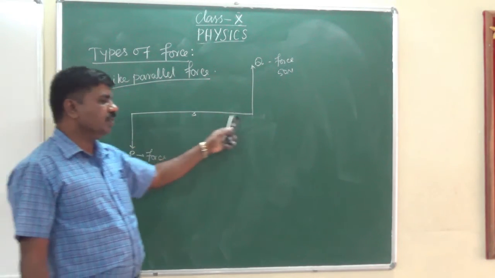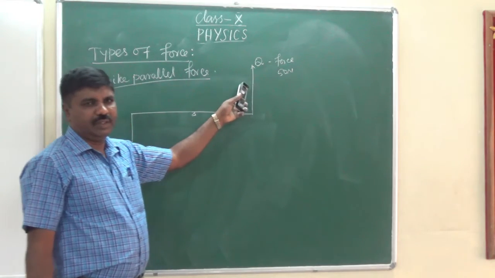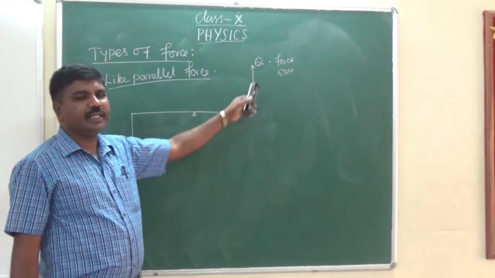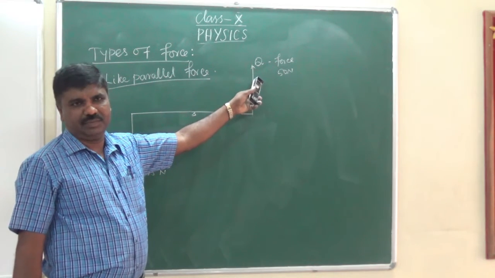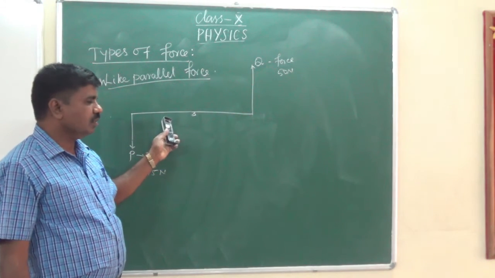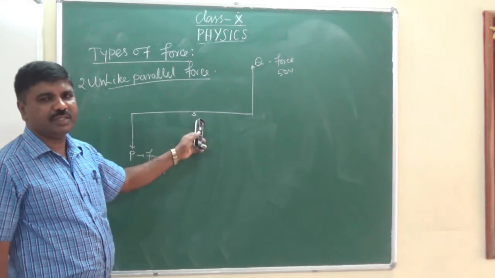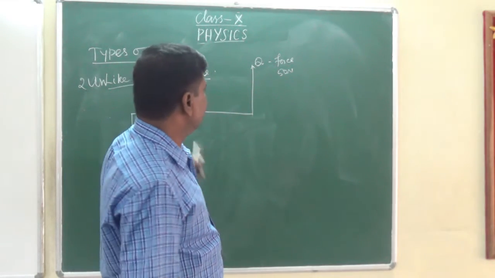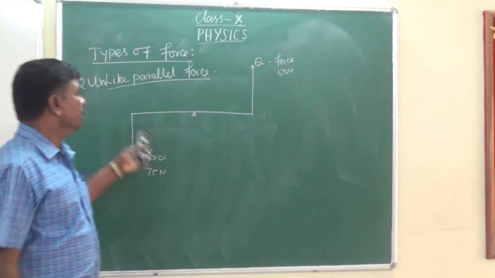When two or more forces are equal or unequal in magnitude, but both the forces are acting in opposite directions. Okay, this is types of force: like parallel force and unlike parallel force.